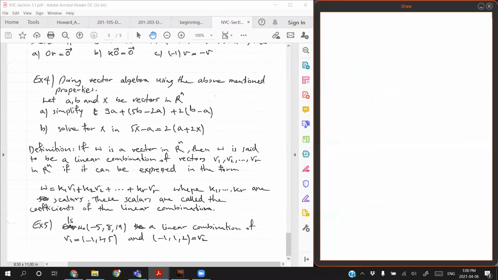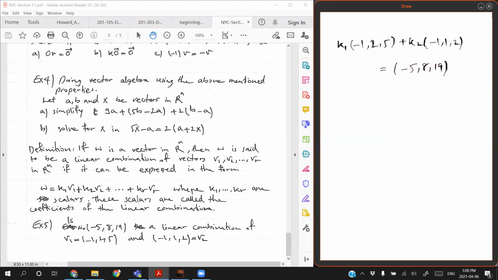Okay, so this is how we can go about this problem. The question is, is W a linear combination of V1 and V2? So can I find K1 and K2 so that K1 times V1 plus K2 times V2 is equal to W, which is negative 5, 8, and 19?